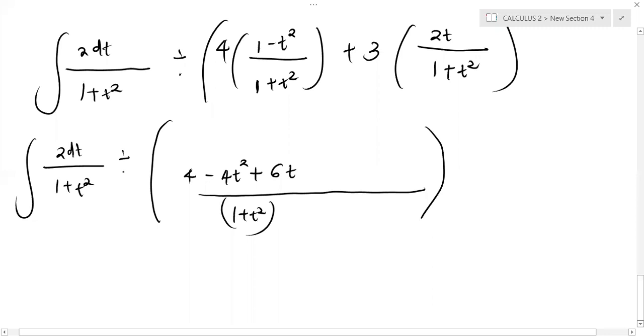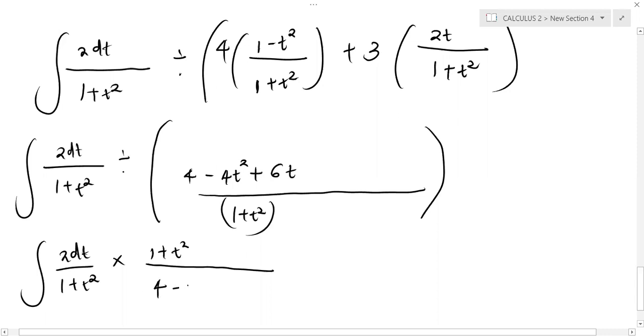Simplifying that, I have the integral of 2 dt, all this divided by 1 plus t squared. Divide by is the same as multiply by the reciprocal, 1 plus t squared over 4 minus 4t squared plus 6t.